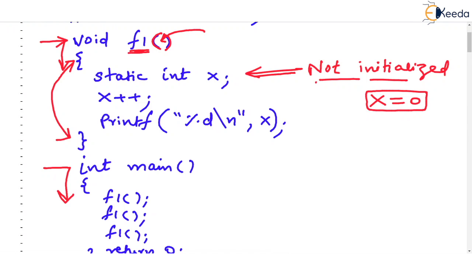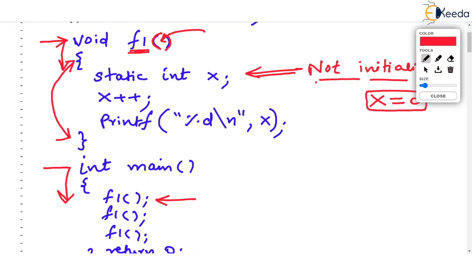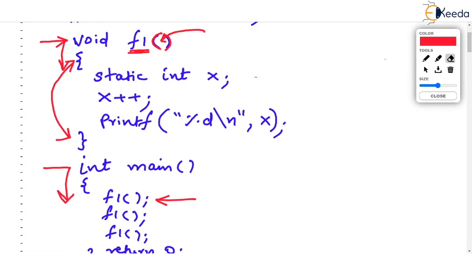When main starts, it directly calls the function f1. This is a call to the void function, isn't it? So let's run the function f1 for the first time. See, the function f1 has been called for the first time. Then let's see what happens. Why I'm stressing on this first time point is because it is very effective when it comes to the discussion of static storage class.